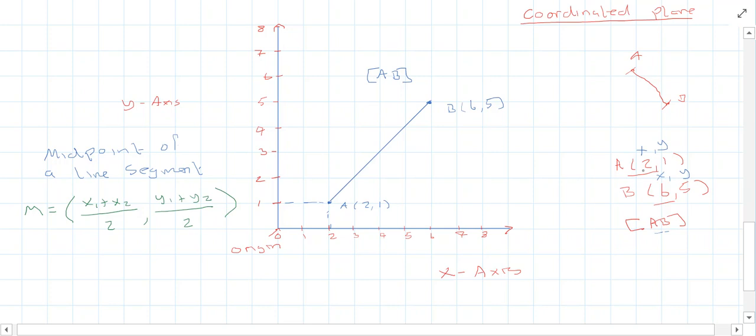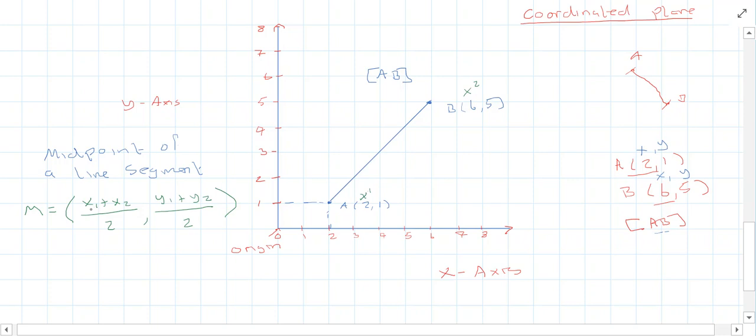If we look here, we have 2 points. We can call this one x1, and then we can call this one up here x2. Each point has an x coordinate, so you take one of the points and make it x1, and the other one is x2.